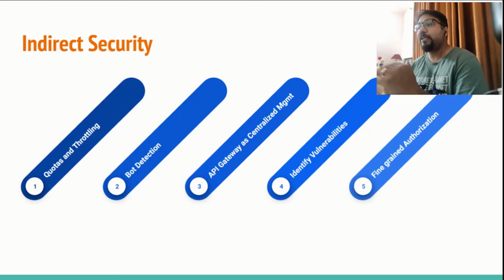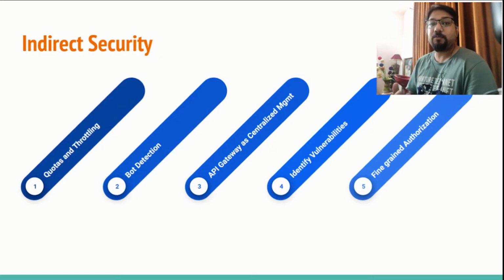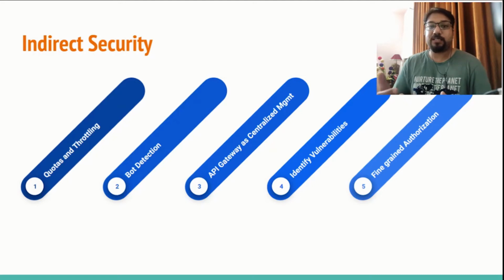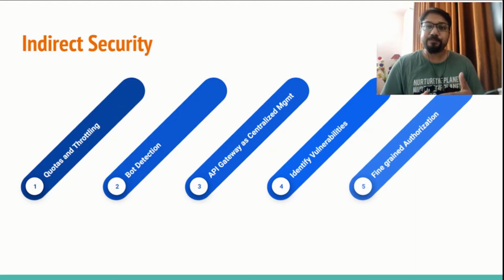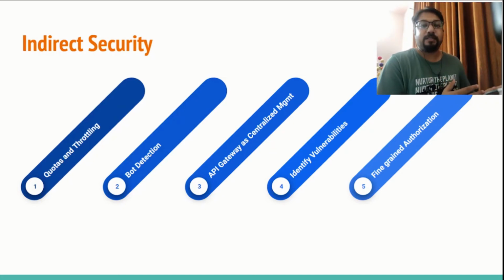Now the fifth one is fine grained authorization. This is related, again, to the bearer token. When I was talking about the Google contacts, if the user has given consent for contacts only, that means the scope is limited to contacts. So when we say fine grained authorization, suppose you have hundreds of APIs, but only some 20 APIs are for admins.